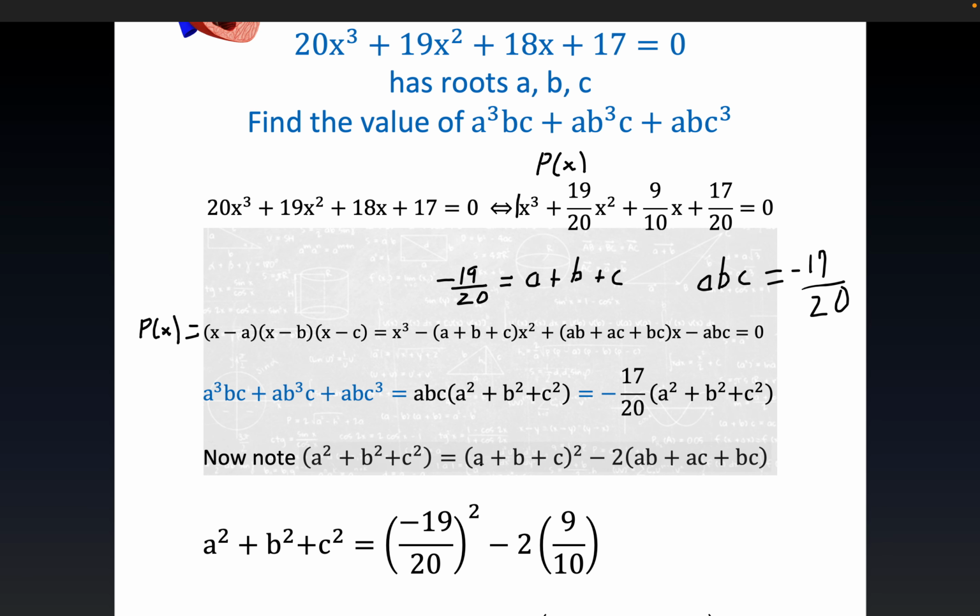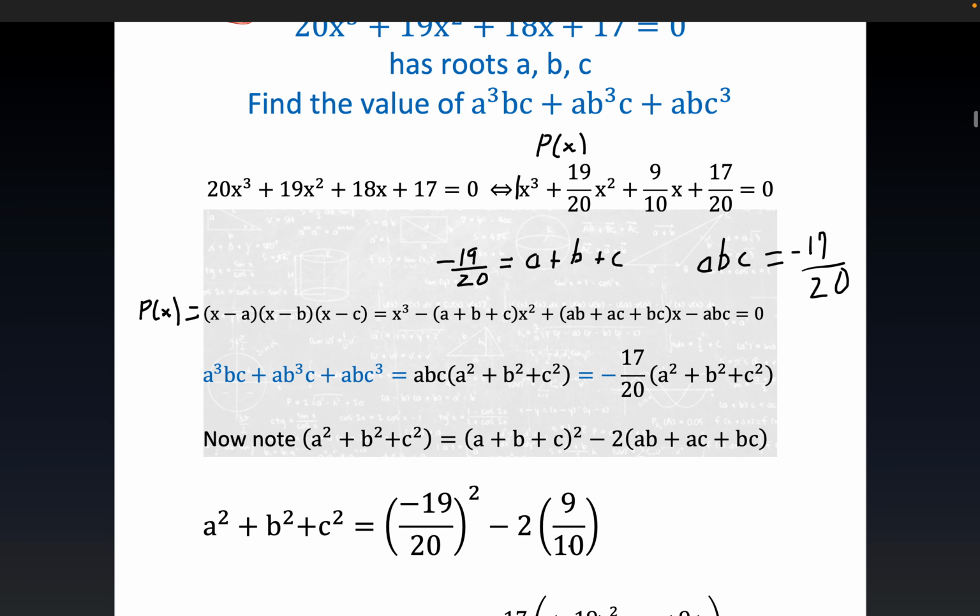You see, again, we determined minus 19 over 20 is the sum of the roots, which belongs right there. Now this AB plus AC plus BC appears, you see right here, when you expand all this stuff out, you get AB plus AC plus BC presenting as the coefficient of X. So that's why we can put the 9/10 right there. You see how nice this is?